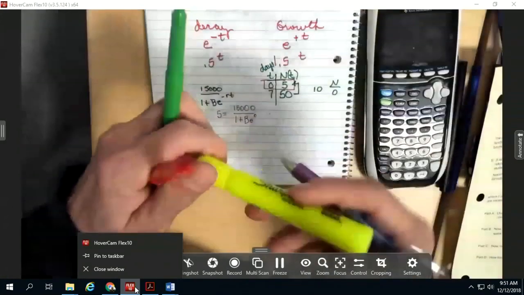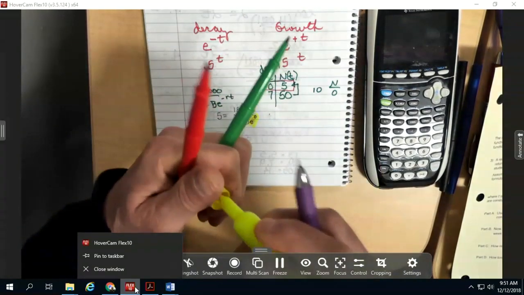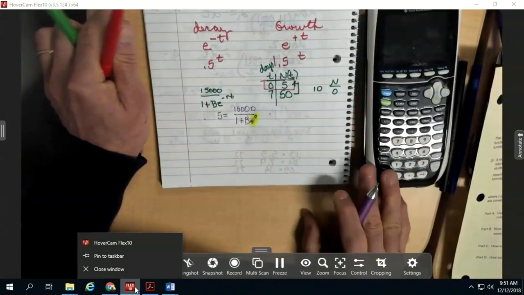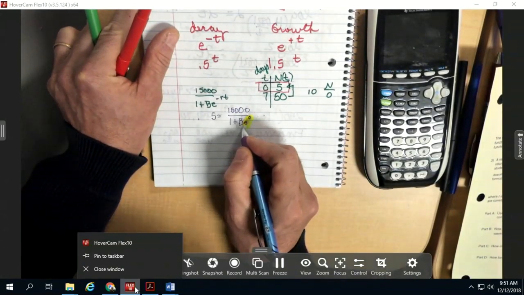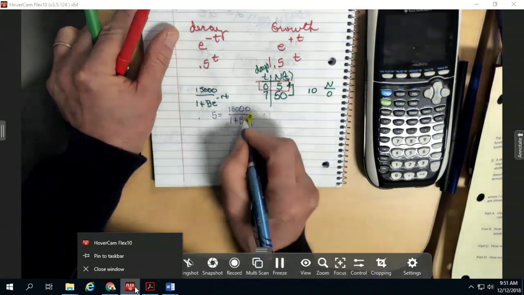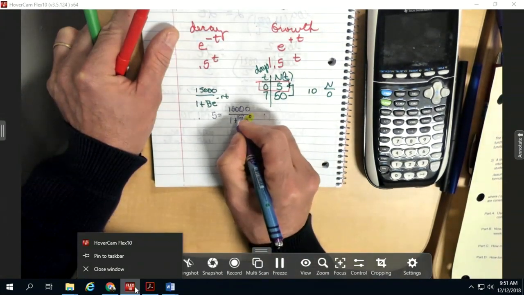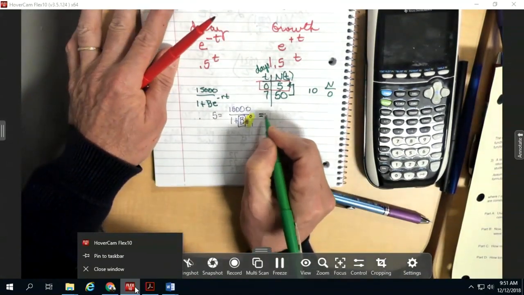So our goal is to do the math to get B all alone. Well, in this case, it's pretty easy because if this is 1, then all we have left to solve for is B. How do we get B all alone?